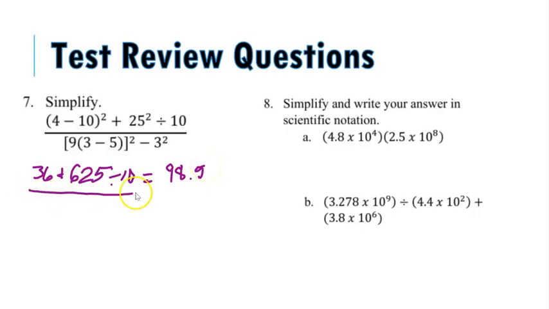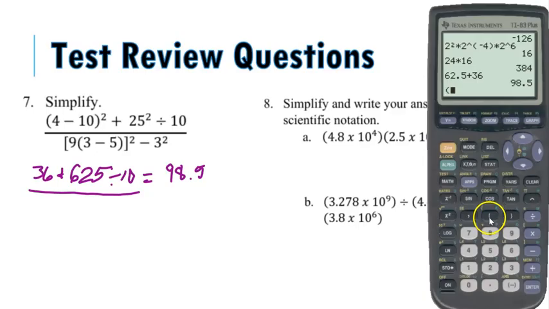Now the denominator, we have parentheses and we got brackets, so we have to work from the inside out first. So we got 3 minus 5, which is negative 2. Then we multiply that by 9. Negative 2 times 9 is negative 18. And then we have negative 18 squared, so we'll grab our calculator. We have negative 18, and then we're going to square that.